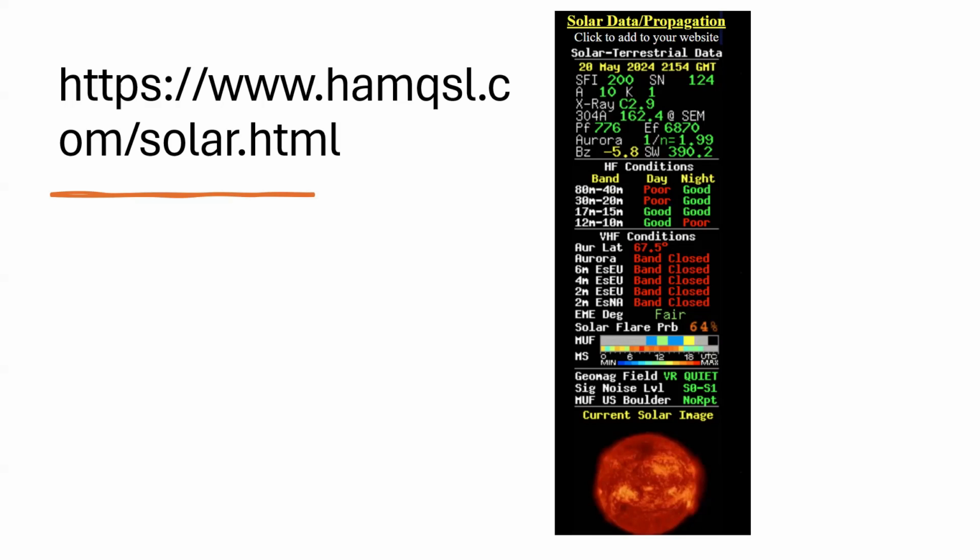So at this part of the sunspot cycle, as you can see, during the day, 10 meters is good. Well, in a few years, it will probably say 10 meters is poor, or if not close. So I won't belabor all this. If you do a search for current HF conditions, you're going to get a lot of helpful hits that present this information in different ways.